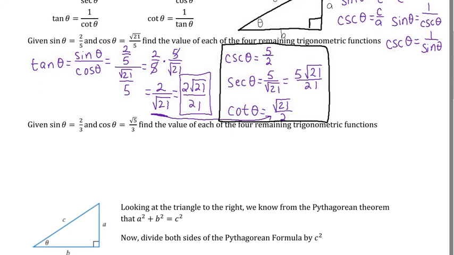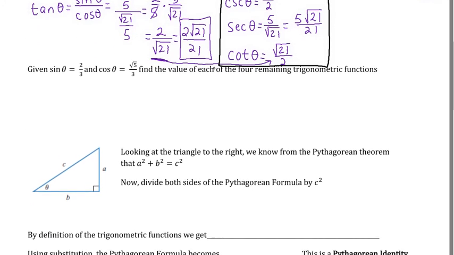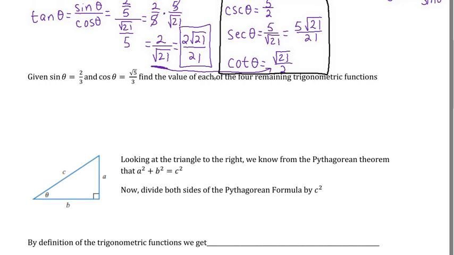All right, so let's look at this next one here. We have a sine of 2/3, cosine of square root 5 over 3. So let's go ahead. Same thing. We know tangent theta is going to be, and there is a shortcut, but I don't want to show that shortcut right now because I want us to get used to the full math behind this.